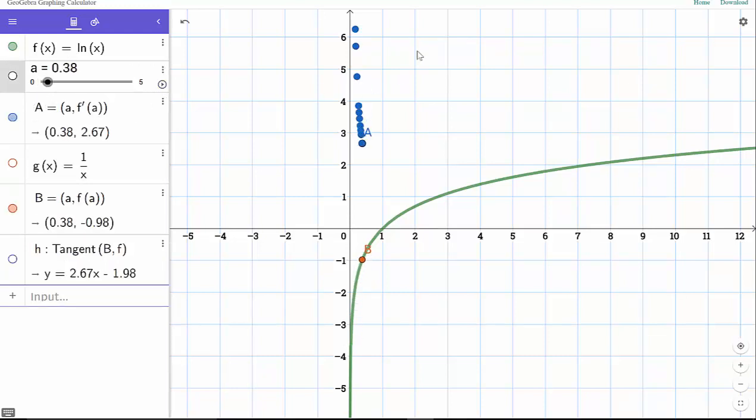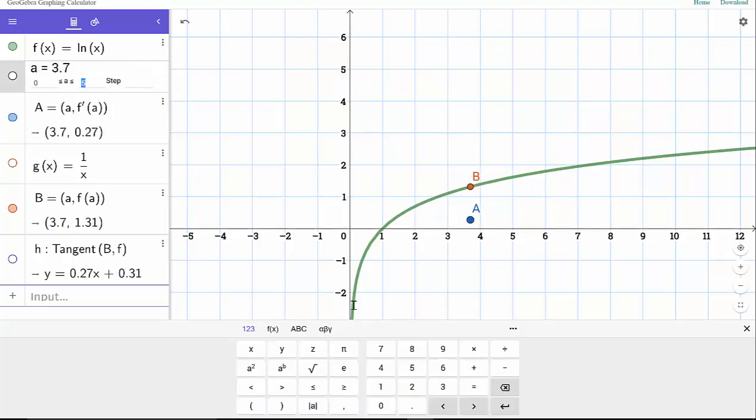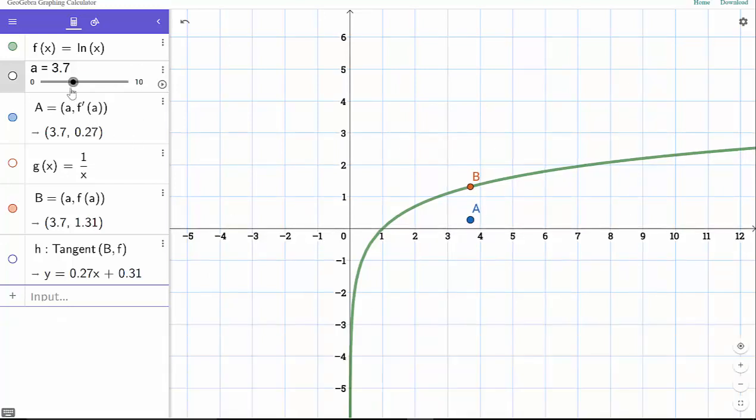I'm going to let this play, and you can see the derivative started out very large, and as we move, it gets smaller and smaller until eventually the derivative is going to approach 0. So then my next question is, what graph does this kind of look like as I let this number get larger?